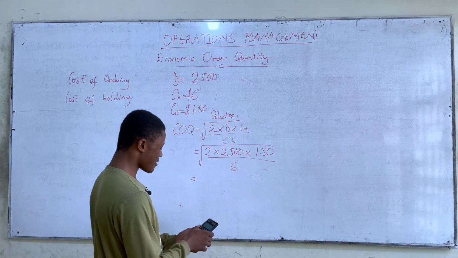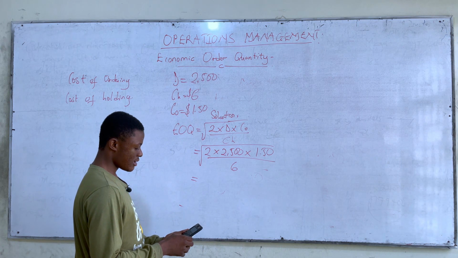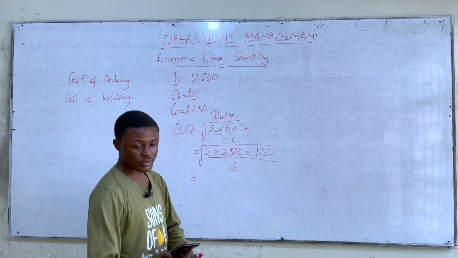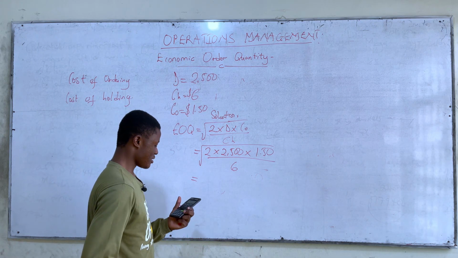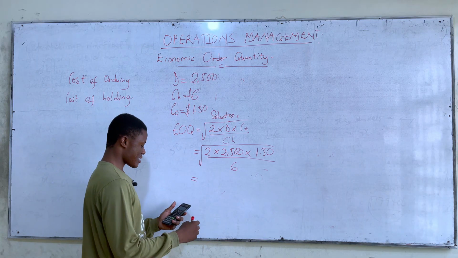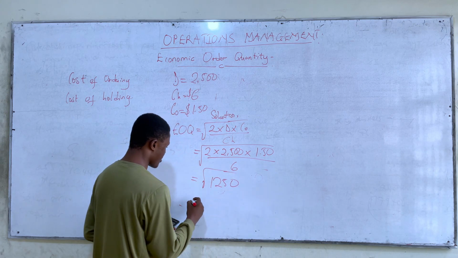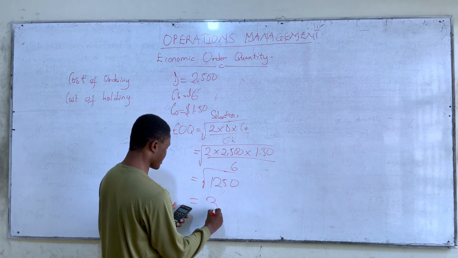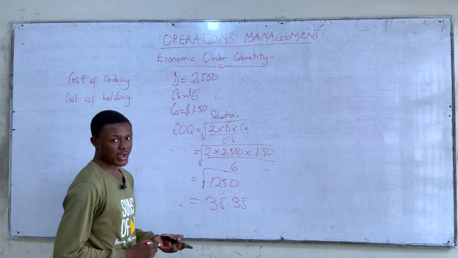So you put the 1250 under the root, and what are you going to get? When you bring it into decimals, you are going to get a figure of 35.35. Hope you are getting the point.